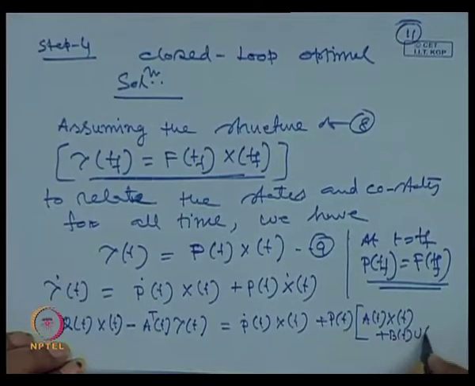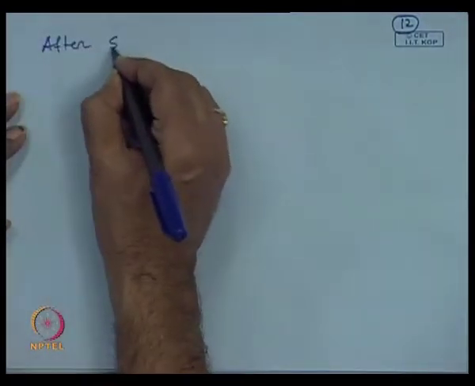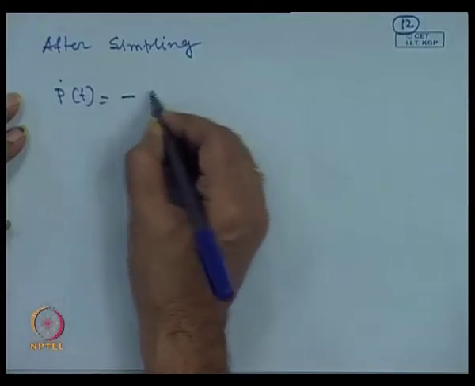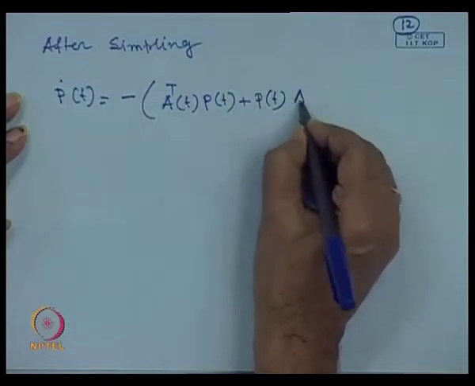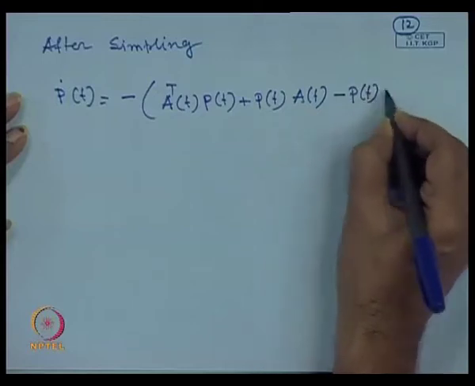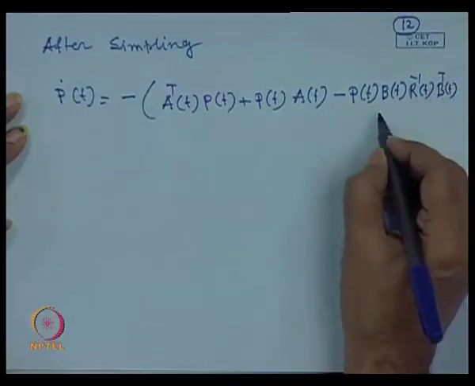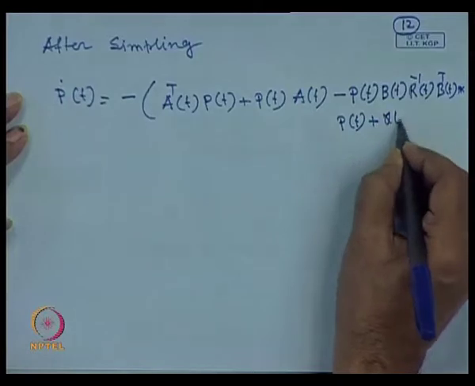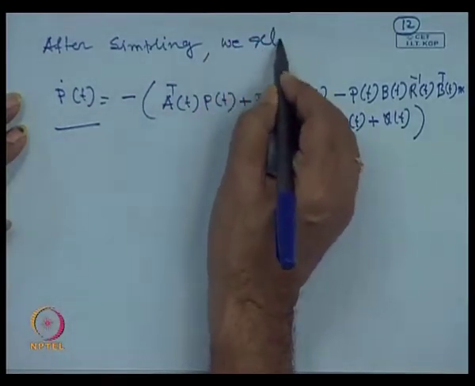After simplifying, we can write P dot(t) equal to minus A transpose(t) P(t) minus P(t) A(t) plus P(t) B R inverse B transpose P(t), plus Q(t). After simplifying we get that expression.